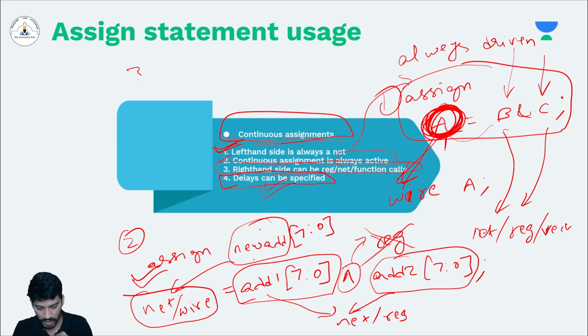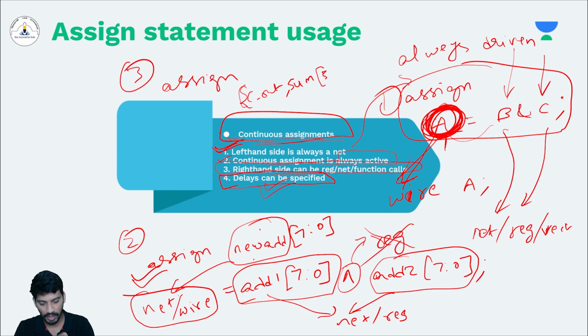One more example, let's see how to use concatenation operation inside the net. So if I want to assign my carry out and sum at the same time, I can define like this.